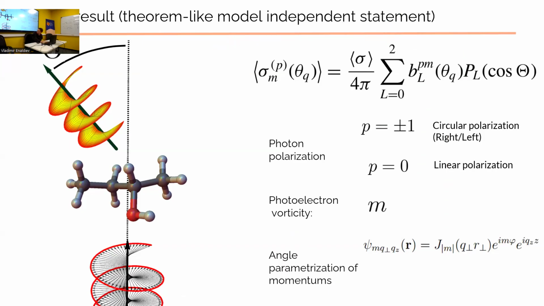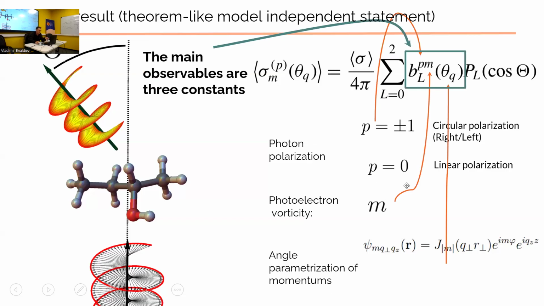And again, we have Q perpendicular and QZ, and they can be parameterized by the angle theta Q. So this theta Q parameterizes Q perpendicular and QZ. So we have the main observables in this blue box and a few parameters in it: P, M, L, and theta Q.